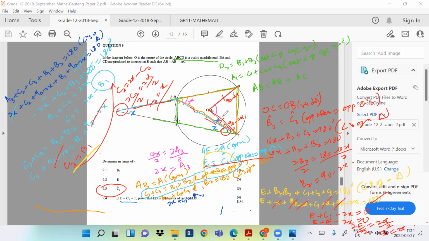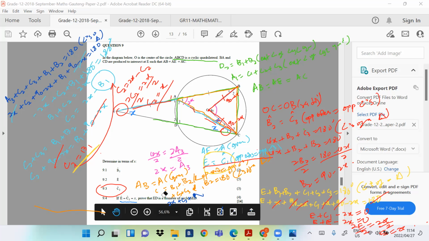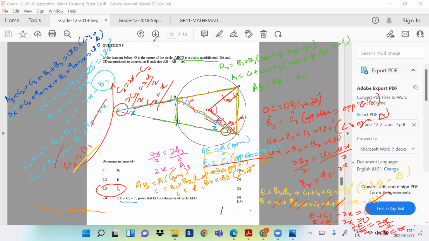If that's the case, they want you to prove that ED is a diameter of circle AED. So ED is a diameter of this circle.